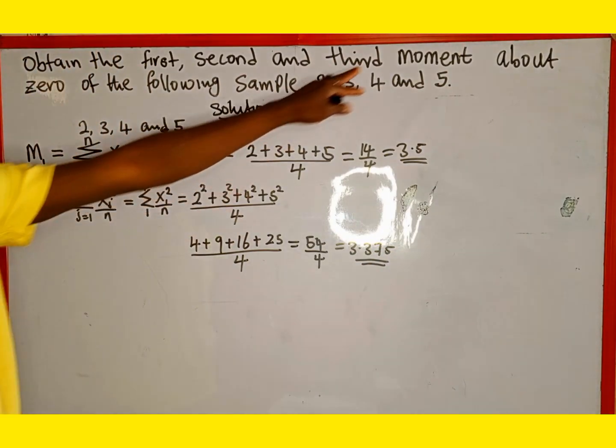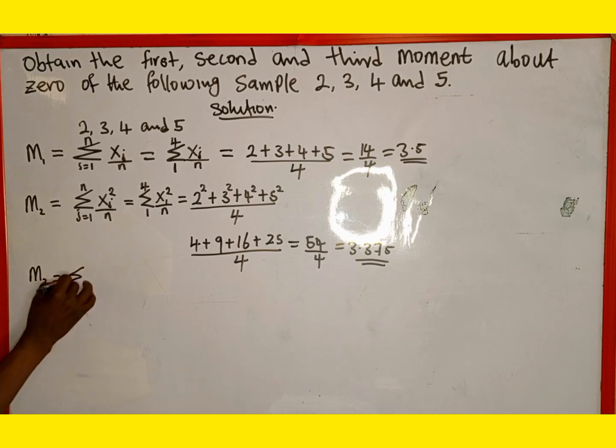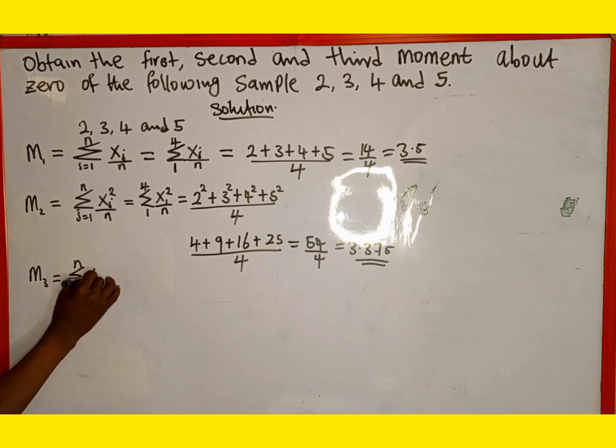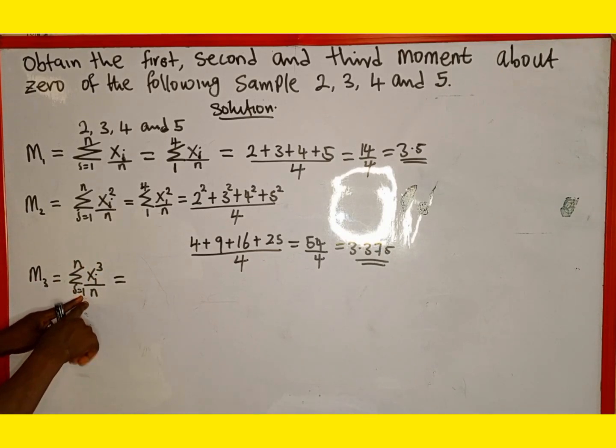Now the question still says we should calculate the third moment. So the third moment is represented by m subscript 3, which is equal to the summation, as i ranges from 1 to n, of xi cube, over n. To substitute into this formula, our i ranges from 1 to 4.